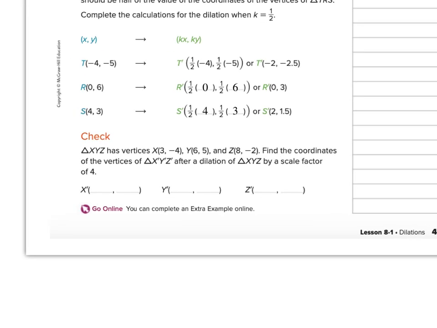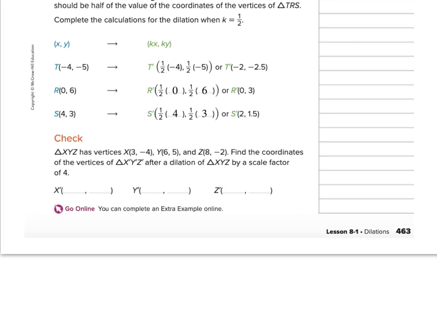And now here in our check, we have the vertices X, Y, and Z. Find the coordinates of the vertices of the new image, X prime, Y prime, Z prime, after a dilation of a scale factor of 4. So I'm going to take each one of these and multiply them by my scale factor to come up with my new image.